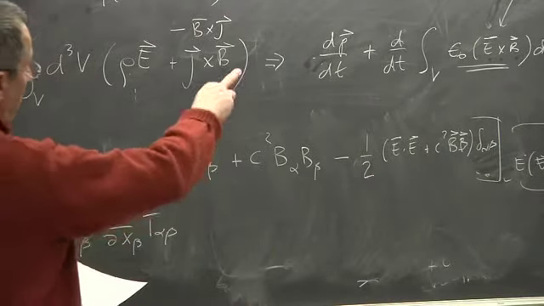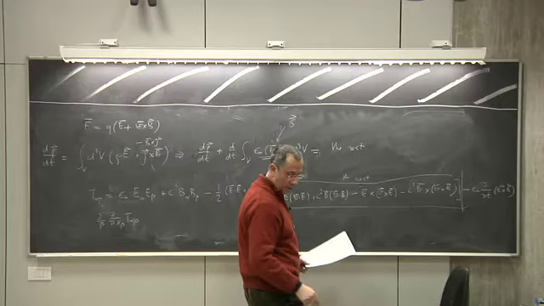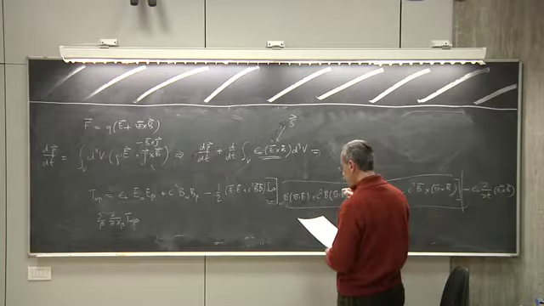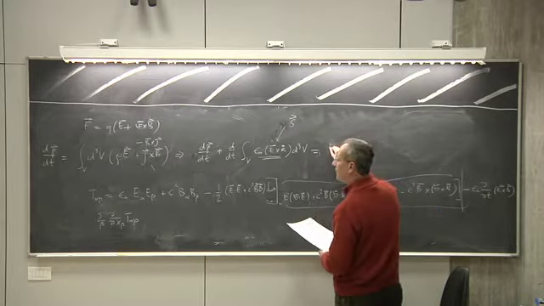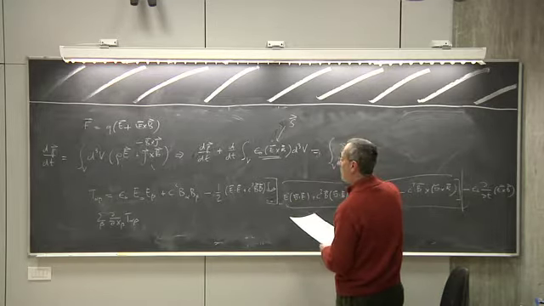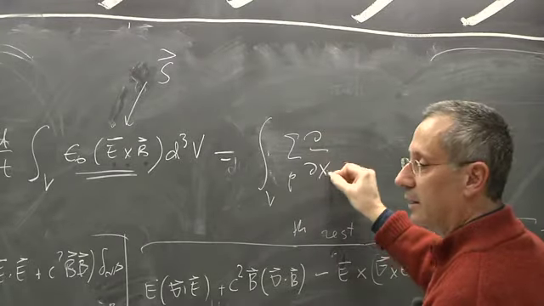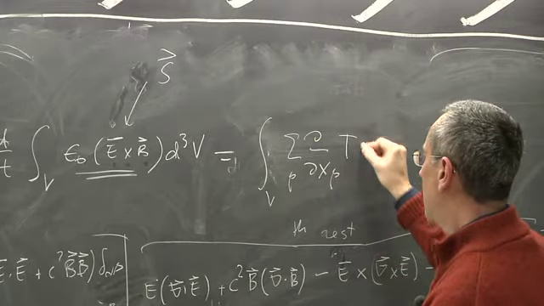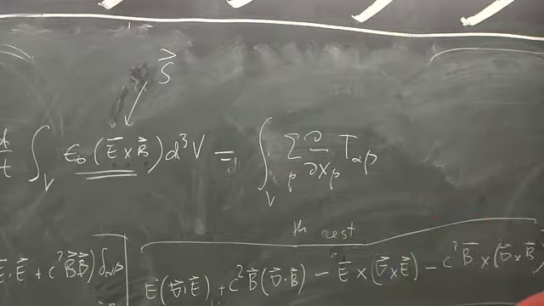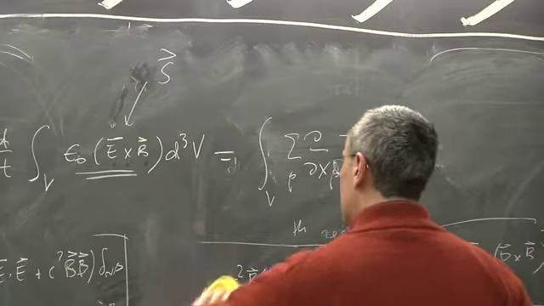Therefore, this term that is missing, the rest, what I wrote here, can be written as the integral over V of this sum over beta of d/dx beta of T alpha beta, where T alpha beta is defined by this definition here.